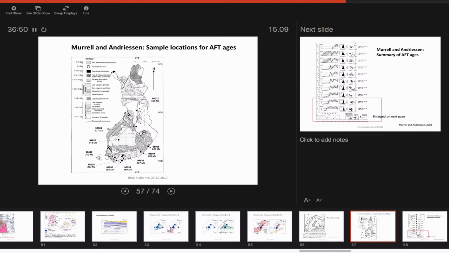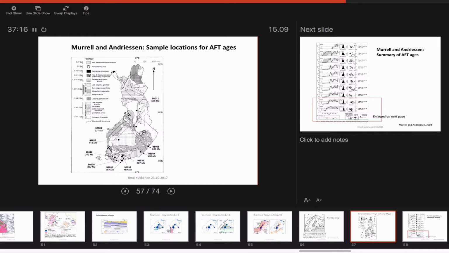And you know, the apatite fission track method is such that you look at the apatite crystals and look for radiation damage. So when uranium-235 decays by fission, it breaks in two parts, and these are shot with great velocity into the medium, which is the apatite crystal, and it creates damage.